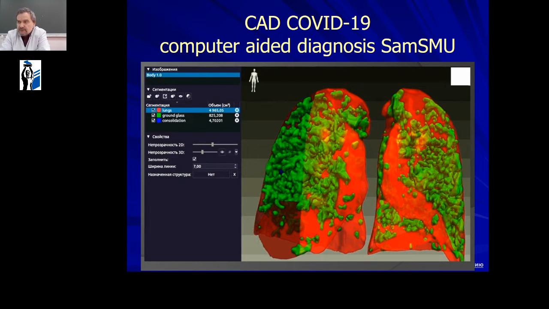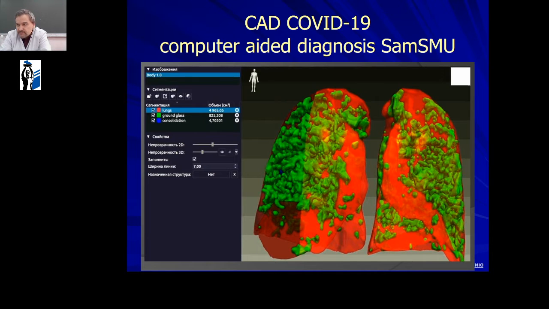The following slide shows an illustration of a computer diagnosis support system developed in Samara State Medical University for the diagnosis of lung damage in coronavirus infection.